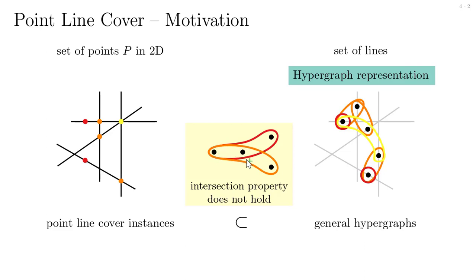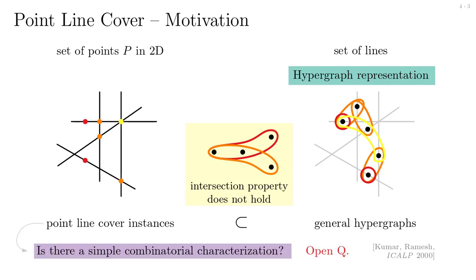Obviously, the corresponding lines in the point line cover instance can intersect in at most one point, which would mean that these two hyperedges should correspond to the same point. Out of this arises a natural question: is there a simple combinatorial characterization for such hypergraphs? It was asked more than 20 years ago, but no simple combinatorial characterization has been found yet.